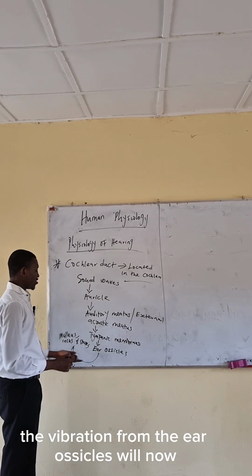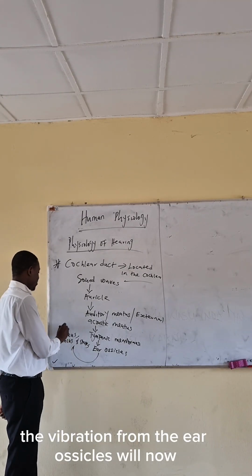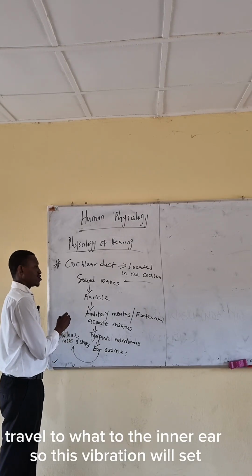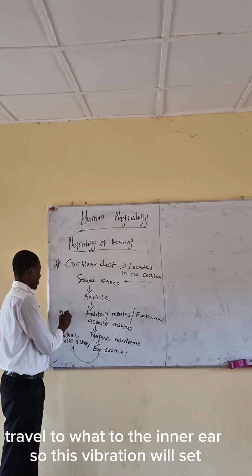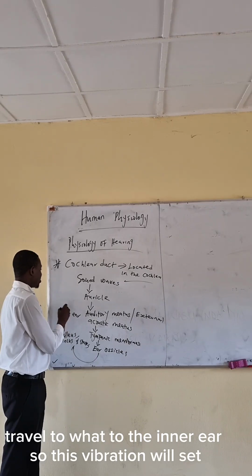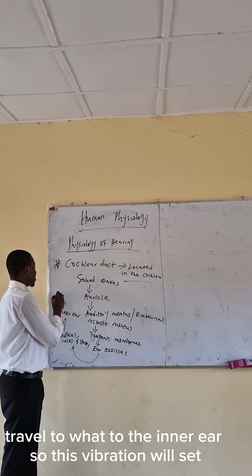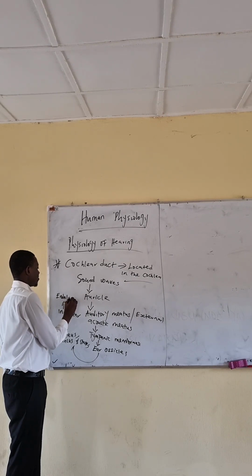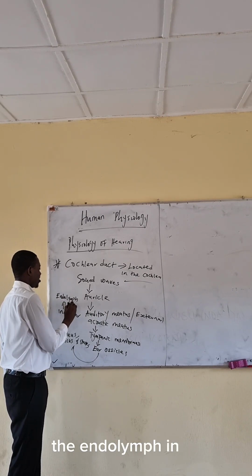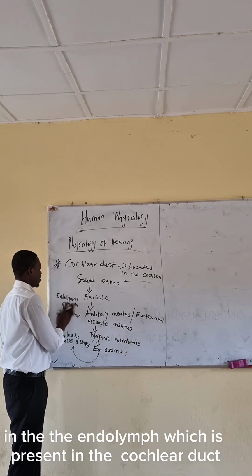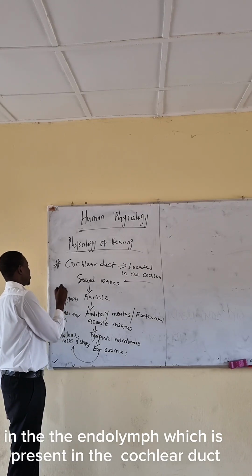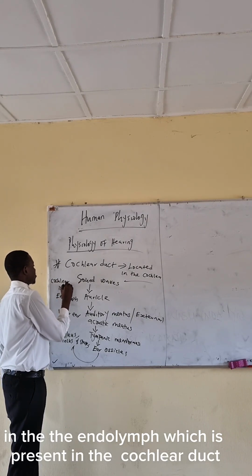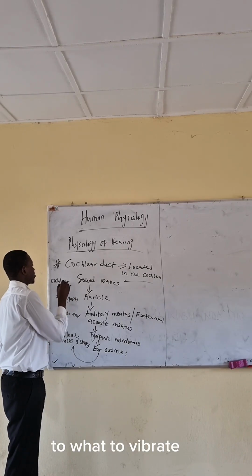The vibration from the ear ossicles will now travel to what? To the inner ear. This vibration will set the endolymph, which is present in the cochlear duct, to vibrate.